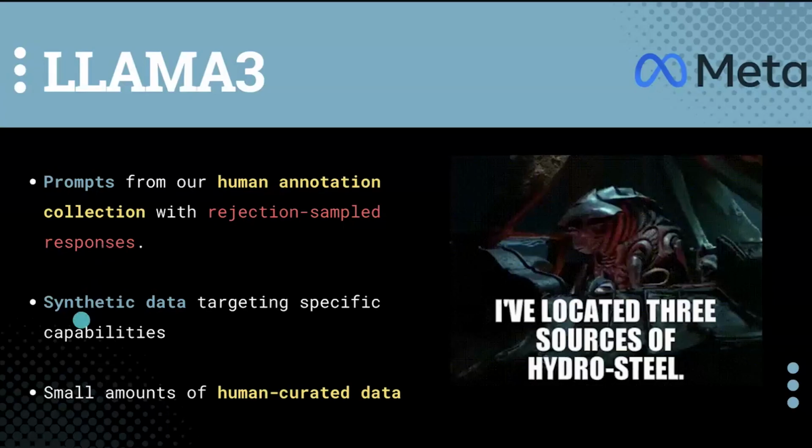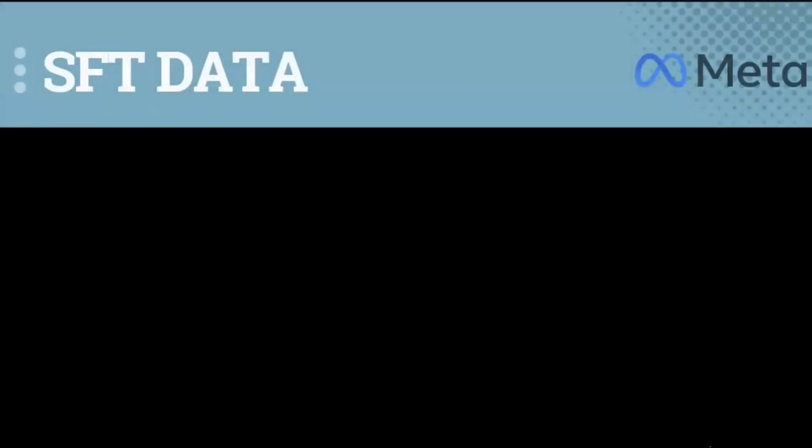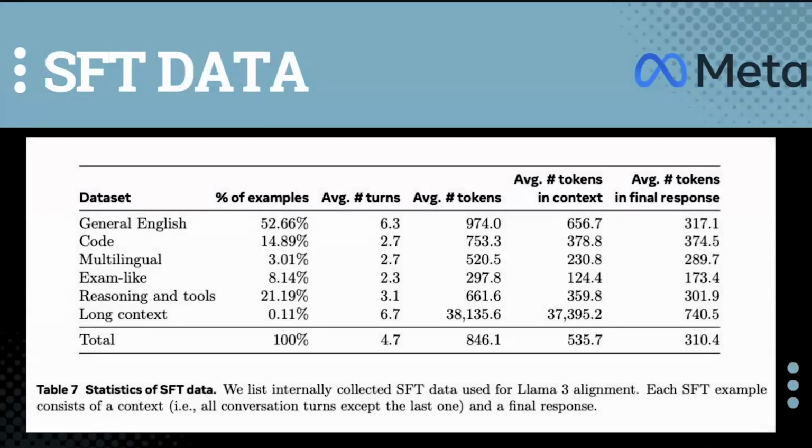There's synthetic data now, as we're going to see more and more of come onto the scene, targeting specific types of capabilities and tasks. And then there's also humans doing some work, because you need that special sauce for sure. And we can actually look at the data, and you can get some idea of what the data is targeting, trying to be good at.